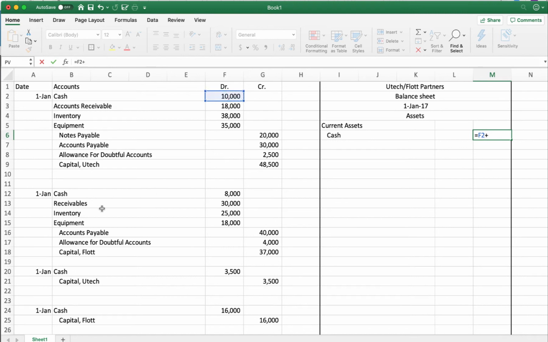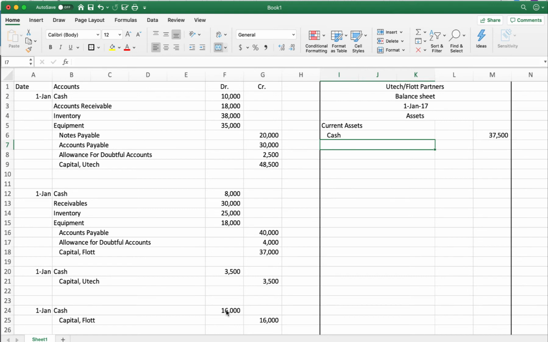January 1st, Float contributed a bunch of assets and liabilities to the company, but in cash, they contributed $8,000. Then we have some additional investments. UTEC invested an additional $3,500 in cash, and Float also invested an additional $16,000 in cash. Click those, hit enter, $37,500. That is the value of my cash account.